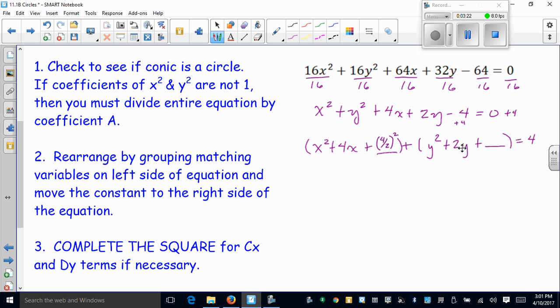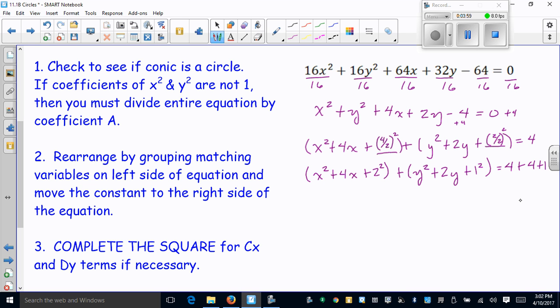So we now have x squared plus 4x plus 2 squared, and I'm going to leave it like that, plus y squared plus 2y plus 1 squared equals 4 plus the number we added here, 2 squared is 4, plus the number we added here, which is 1. Whatever you do to the left-hand side, you must do to the right-hand side.